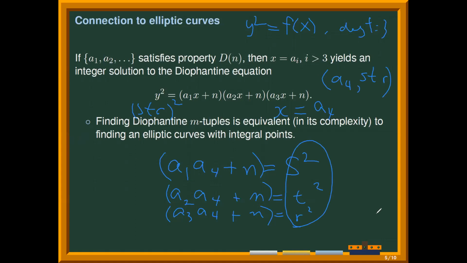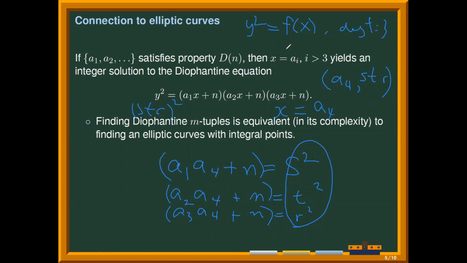Therefore, what we know is that finding Diophantine m-tuples is actually equivalent in its complexity to finding elliptic curves with integral points. I'm alluding to some important aspect here, but I'm not going to talk about it in detail.